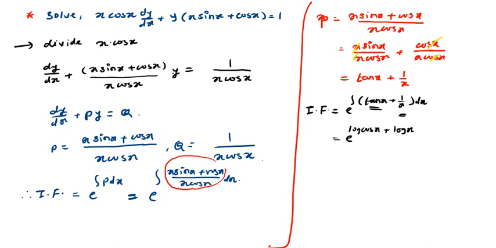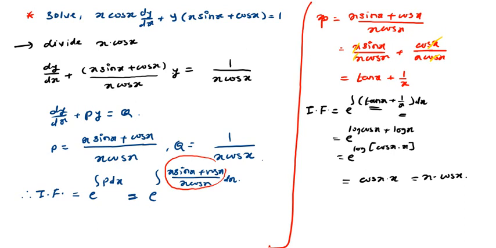Now you know log a plus log b is log of a into b, so this will be log of cos x into x. So what remains, we have seen this identity, this will be equal to only cos x into x, which is nothing but x into cos x. So we got the integrating factor.